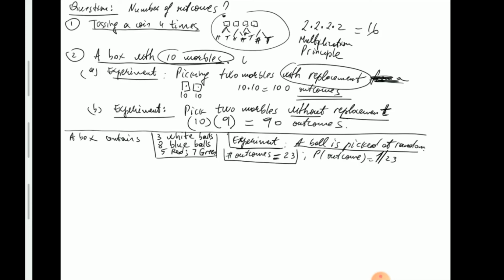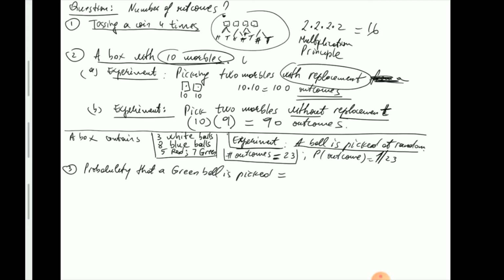But that's not typically what the question is. What you have are questions on events. So for example, question 3, you can be asked, what is the probability that a green ball is picked? In that case, this is going to be an event, right?